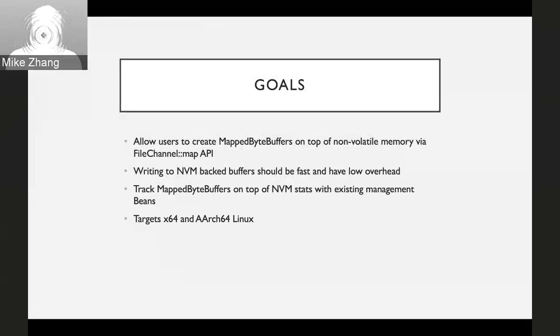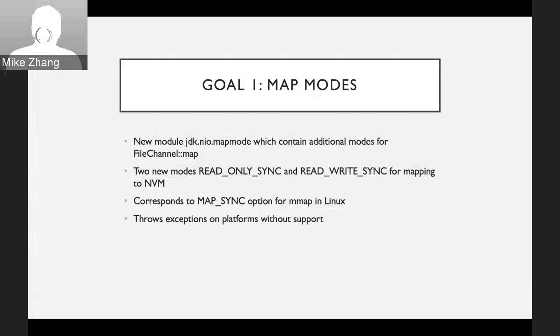Since this JEP aims to provide low-level access to non-volatile memory devices, it only targets Linux x86-64 and AArch64. To solve goal 1, which is to allow users to actually create a mapping over non-volatile memory, the JEP aims to create a new module, jdk.nio.mapmode, which contains the two new modes that are used to refer to the mappings.